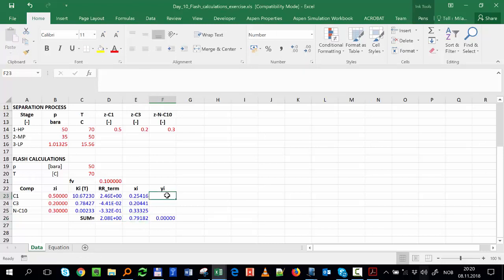Yi, sorry, that is Xi times K. And that actually gives you a number that doesn't make sense, even. It should be a fraction. That number should give you also 1.